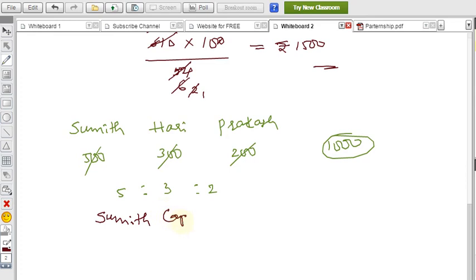Sumit's capital is given, for us that is rupees 10,000. Then we have to find out Prakash's capital.